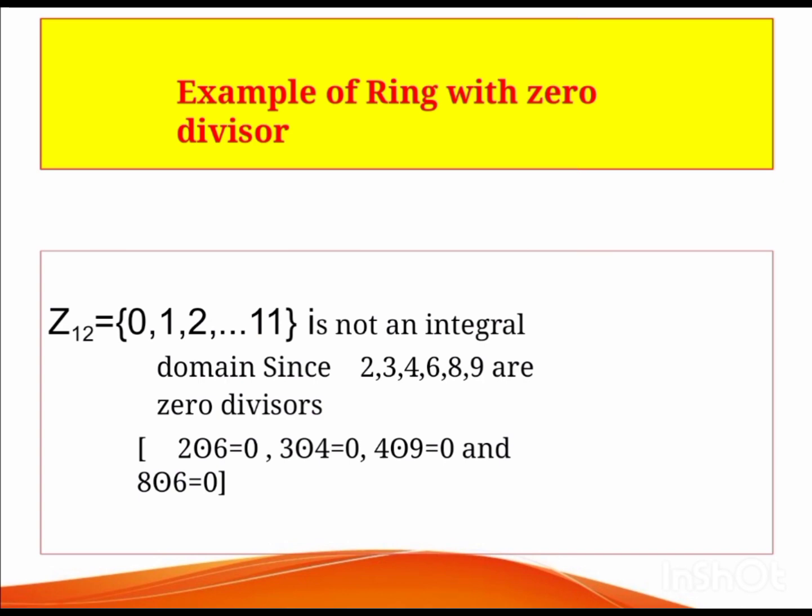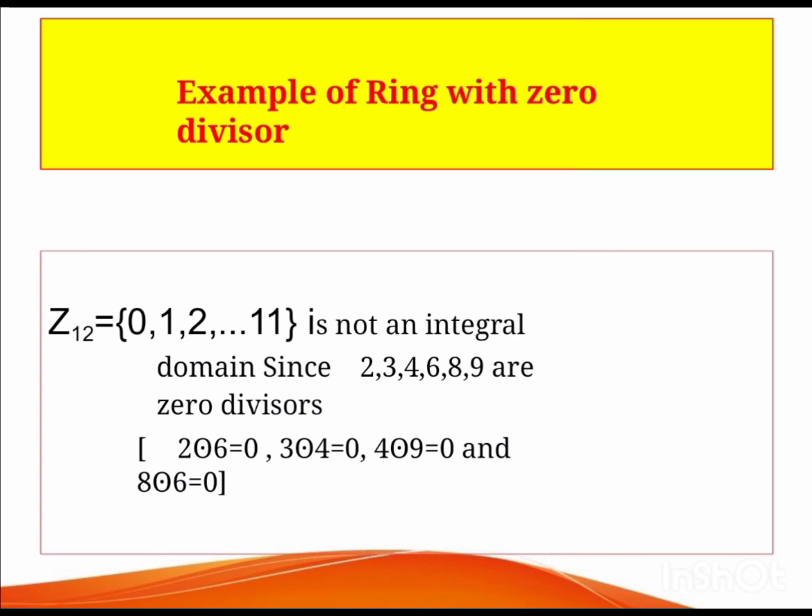So the multiplicative modulo 12 value, 3 ⊙ 4, is 0. So we take two non-zero elements and the product is 0. These two non-zero elements are called zero divisors in Z12.